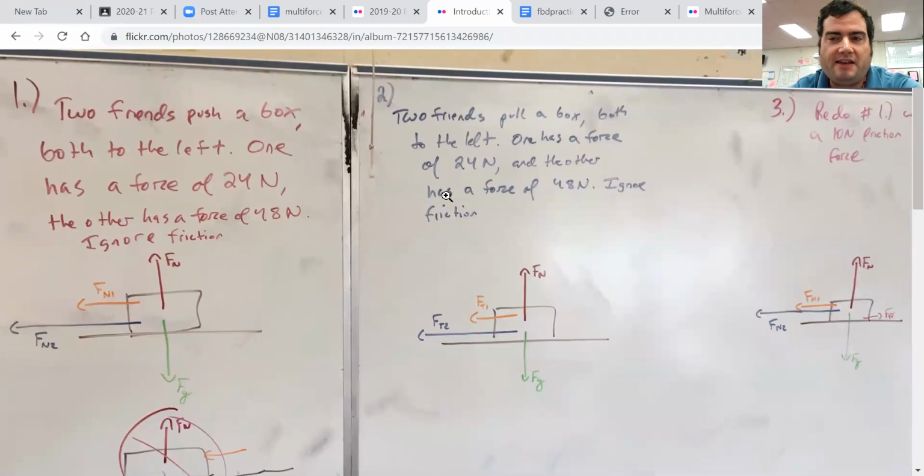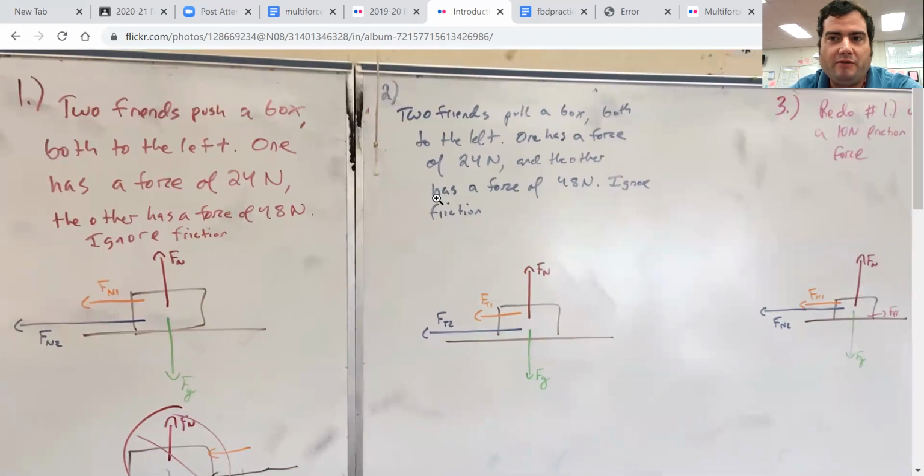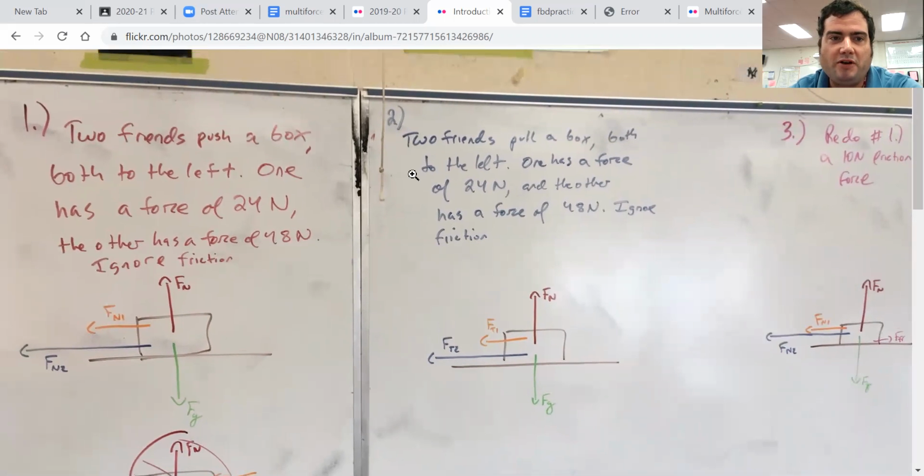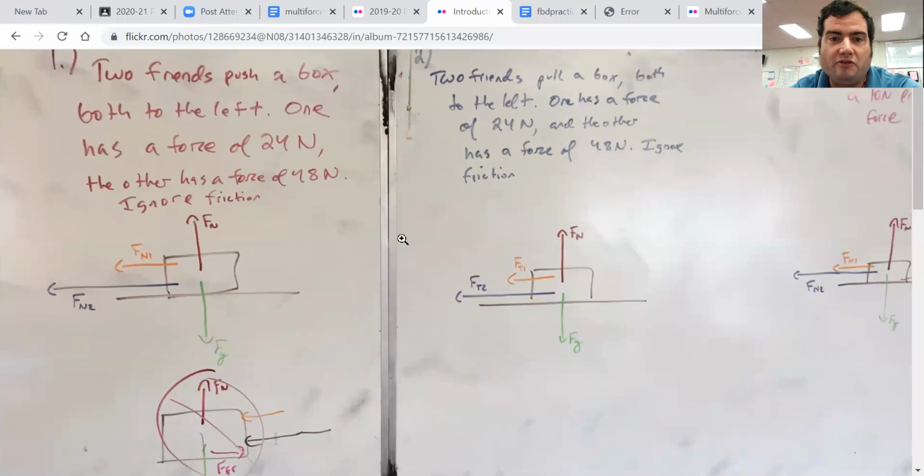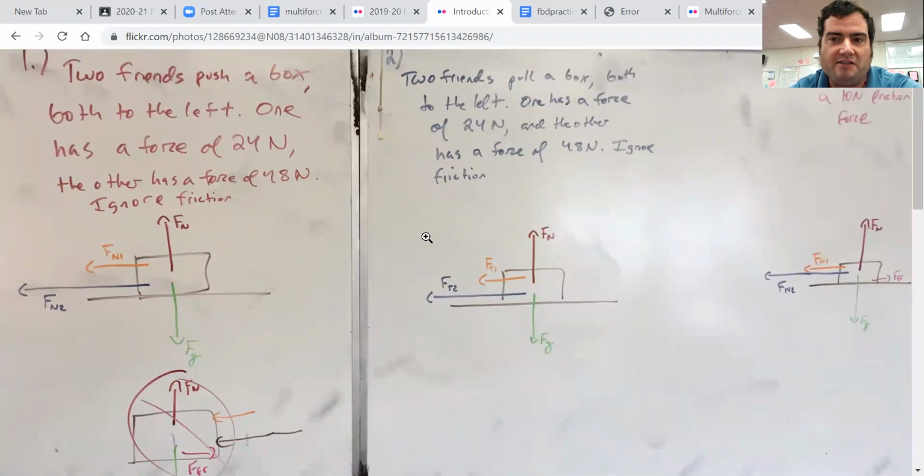And at the end of the day, we don't care whether a force is a push or a pull. It's a force. So in questions 1 or 2, the two people are accelerating the box to the left. So their forces are the same in each case, even though in one case they're pushing and the other case they're pulling.